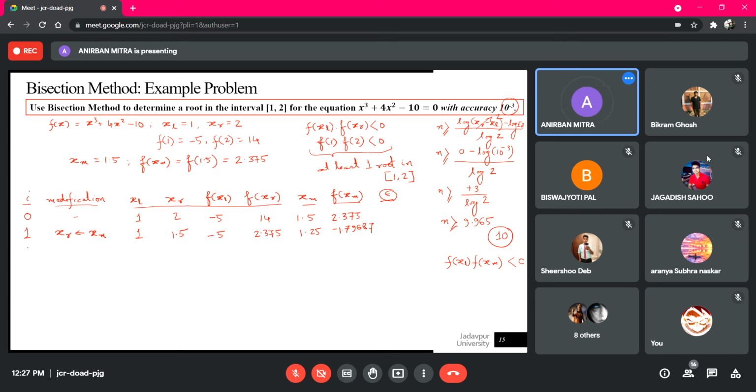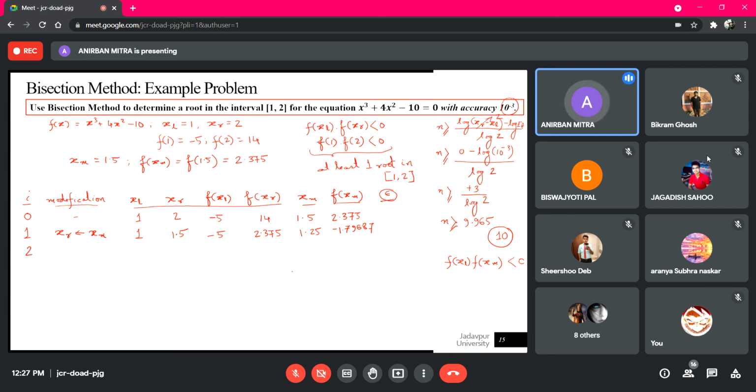So we go to the next one. And now we see that this is a negative value. F of xm has a negative value. F of xl is also a negative value, -5.